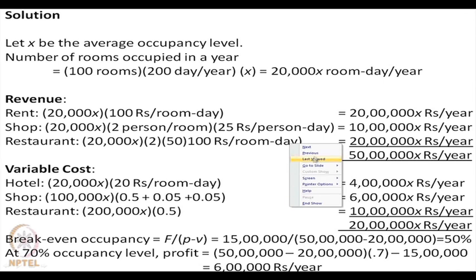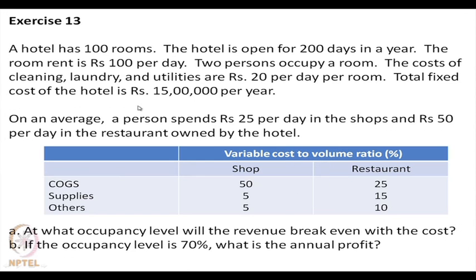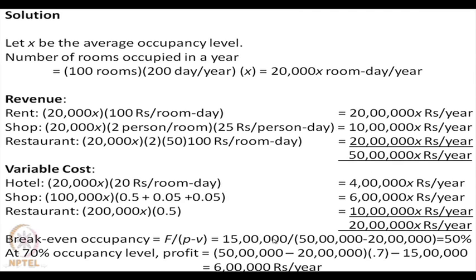F is given as fixed cost is given as here 15 lakh and divided by 50,000 minus 20,000, we have divided by x. So, this is the unit price and this is the unit variable cost. So, 15 lakh divided by 30 lakh gives 50%.